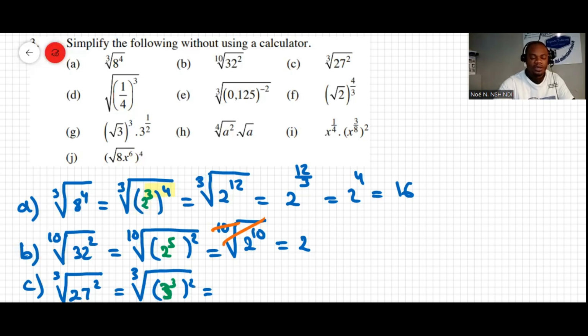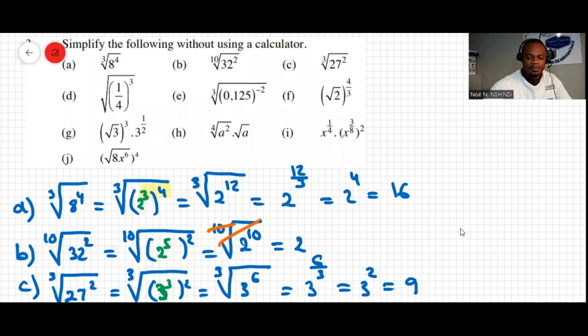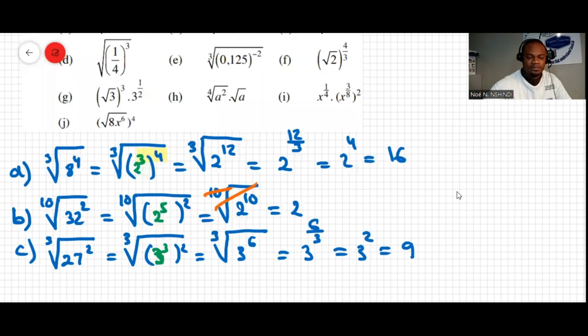So this will make cube root of 3 to the power of 6. So this will be then 3 to the power of 6 over 3. And then the answer here is just 3 squared, which is 9. That was C. And then we can also do D.